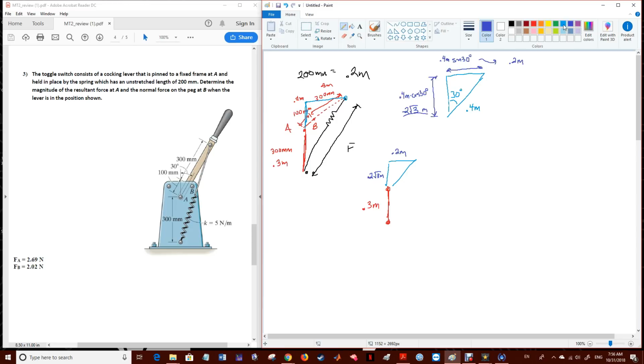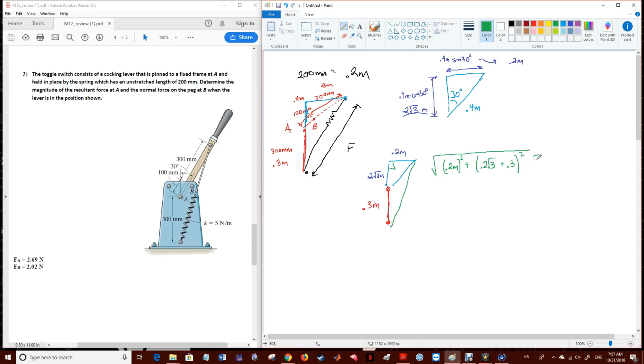What we can then do is figure out the hypotenuse of this big triangle. By taking the Pythagorean theorem, we get 0.2 meters squared plus (0.2√3 plus 0.3) meters squared, and taking the square root of this.